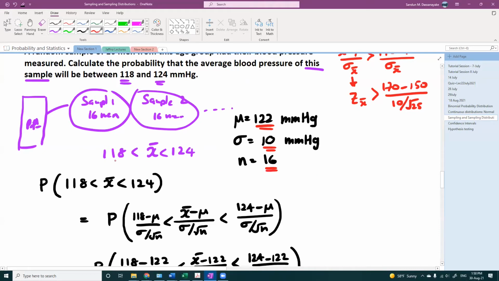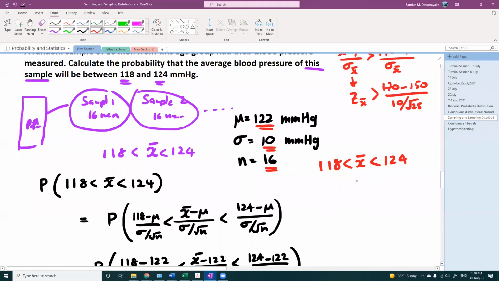The question asks us to calculate the value being between 118 and 124. So this is what we need to find: x bar being greater than 118 and less than 124. The probability of an x bar average value being in between these two values is calculated like in your concrete strength example, where the supplier wants to know the probability of the sample concrete strength being between these values.